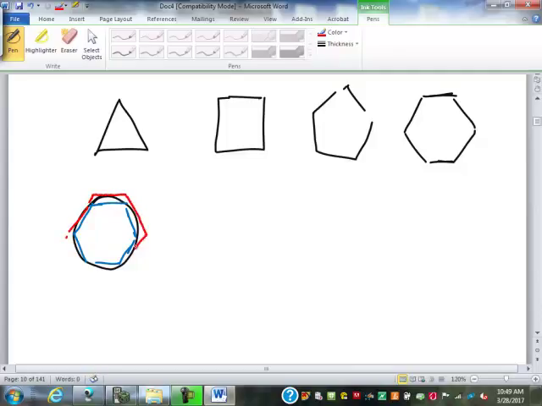So now the circle is inside the hexagon. Obviously the red one on the outside, circumscribing the circle, is bigger than the blue one on the inside. As I go up to 7 sides and 8 sides and 9 sides, the outside one's always bigger, but they get closer and closer to the same perimeter. And so that perimeter comes to a limit, and that limit is pi.